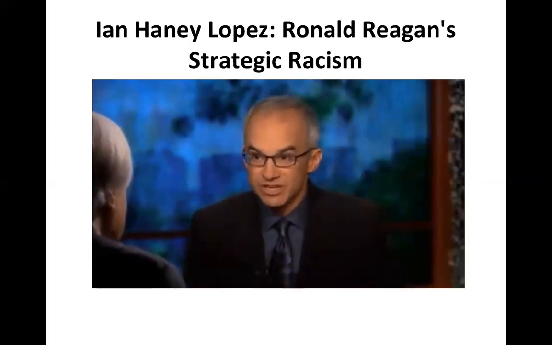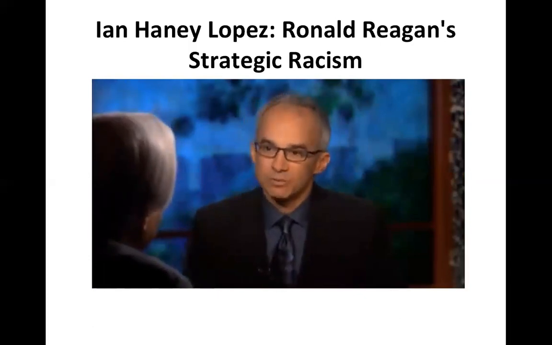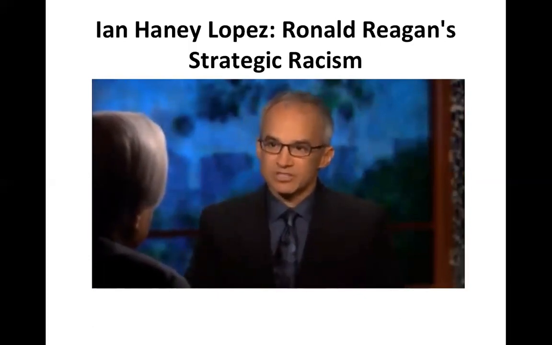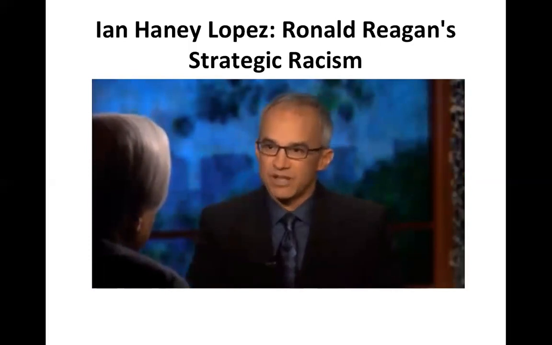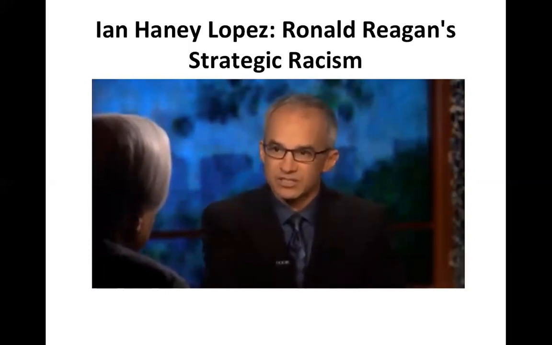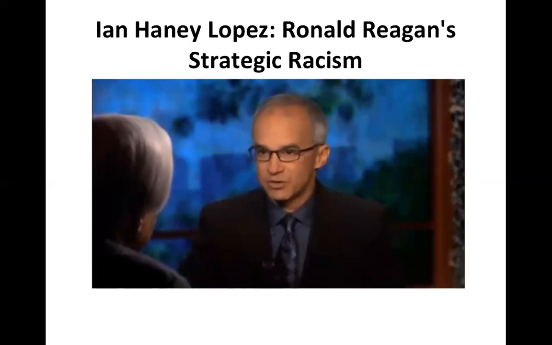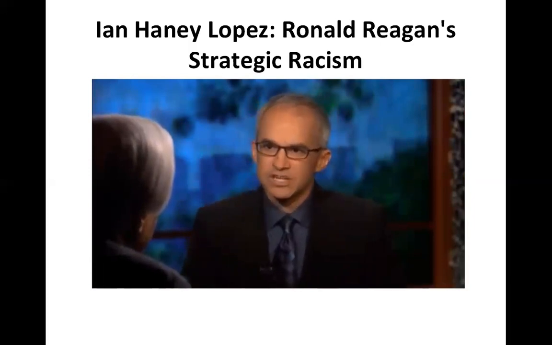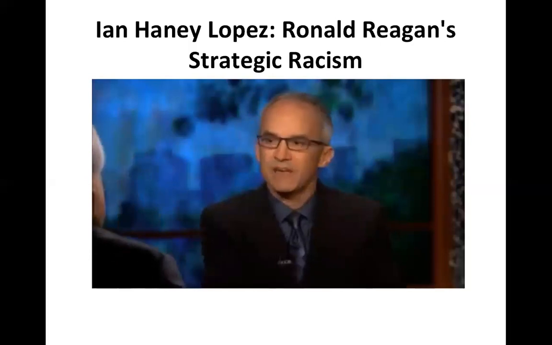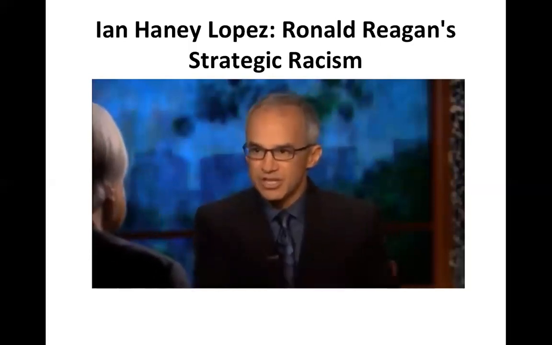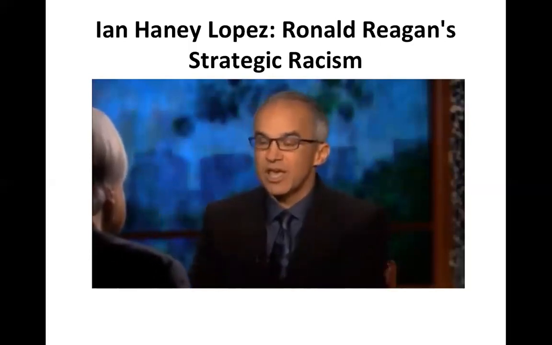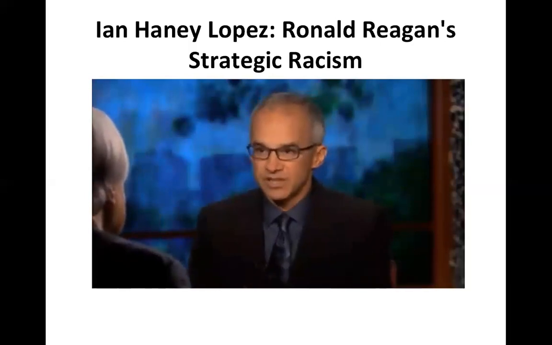There's a third character here, government. It's government ostensibly that is taking advantage of whites, that is taking their money through taxes and then giving it to these undeserving minorities. So what did Reagan suggest? He suggested tax cuts. You shouldn't have to pay taxes to a government that's just taking your money and giving it to minorities. And indeed, what did he do? He enacted tax cuts.